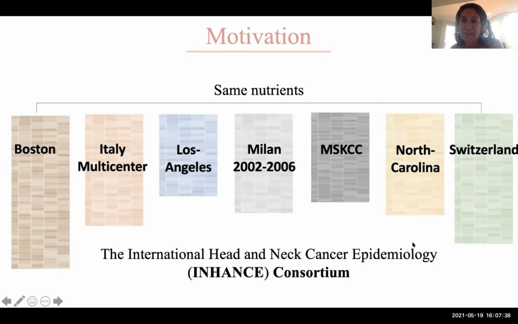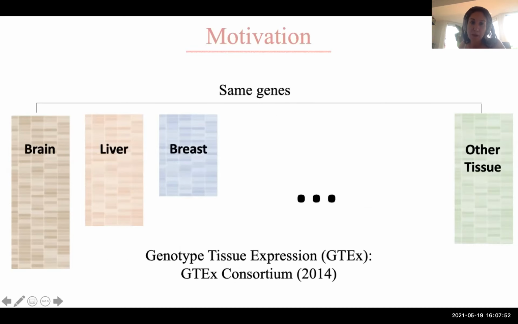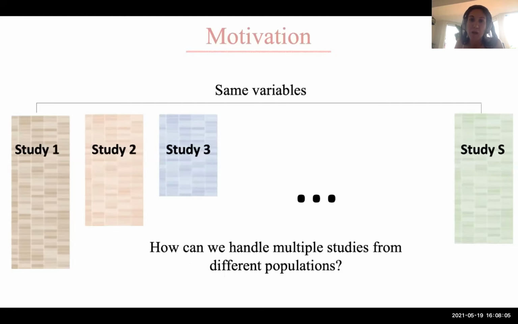We can find this framework also in nutritional epidemiological data, where you have different populations, but the same nutrients measured across these different studies. And another example comes from the GTEx, where you have different tissues and you can measure exactly the same gene expression in these different tissues.